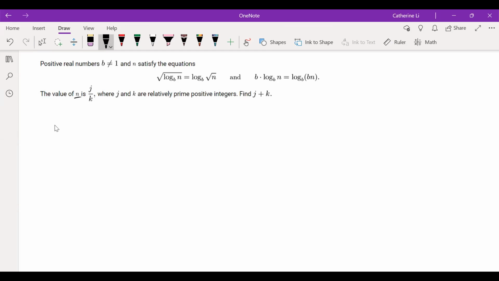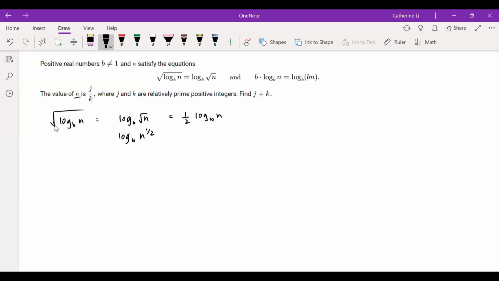Okay, so the first thing that we're going to do is, let's just look at the first equation first. So we have the square root of log base b of n is equal to log base b of root n. And we know that square root n is just n to the 1/2. So using the power rule, this gives us 1/2 log base b of n.